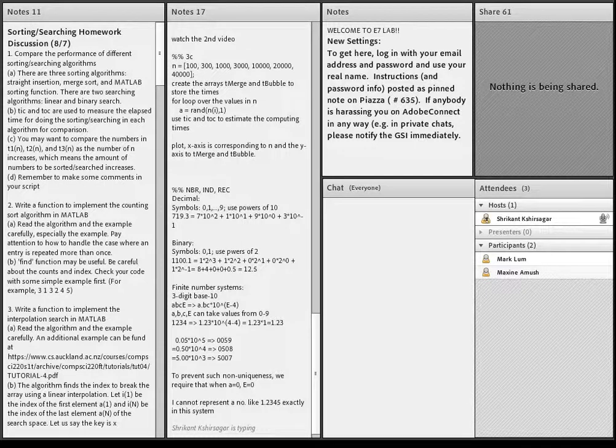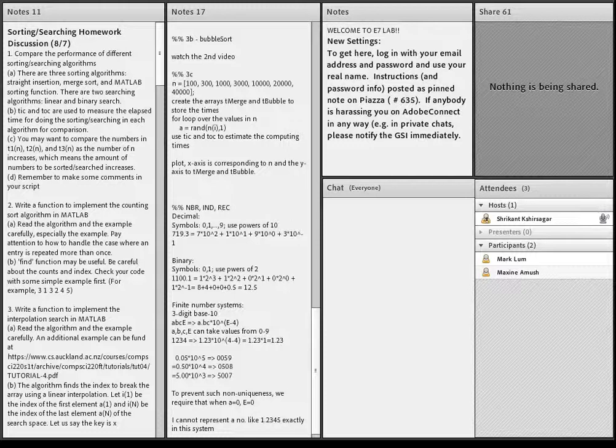Why is that? Because it allows only 3 digits at the most. So to represent a number like 1.2345, I have to represent it as something which is closest to it.